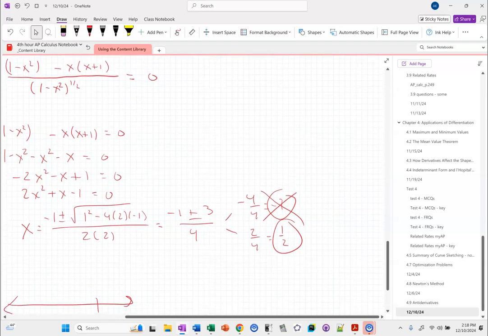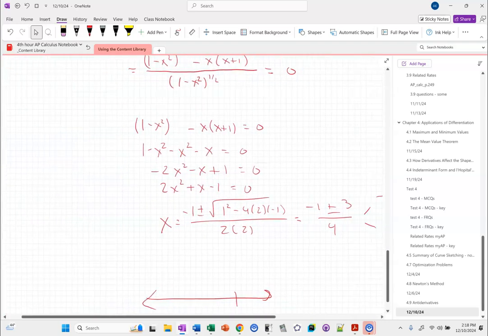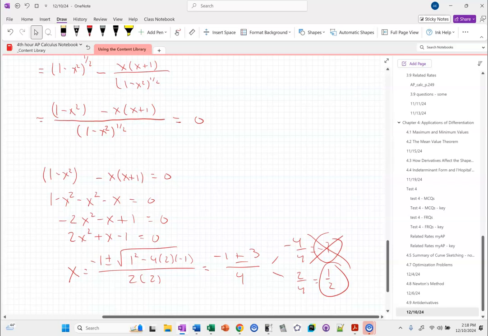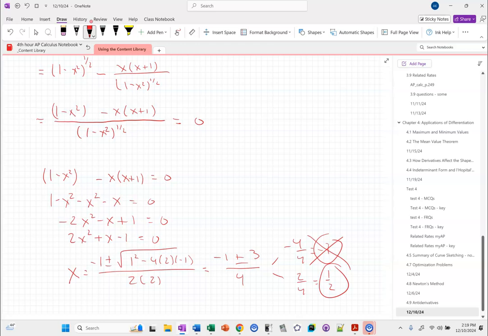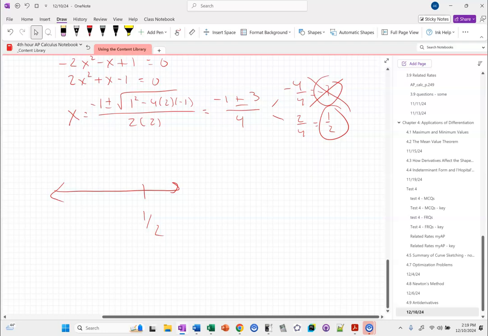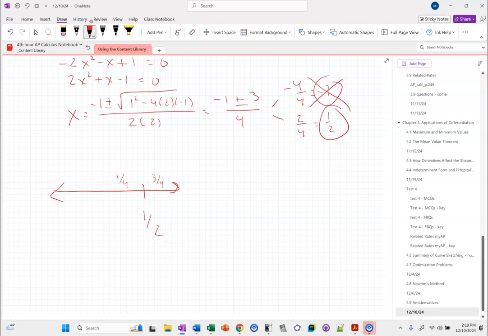if I pick something that's bigger than 1/2, I'm going to have, yuck. I don't know.